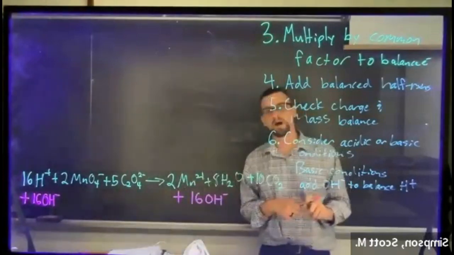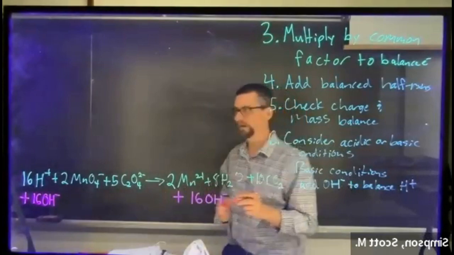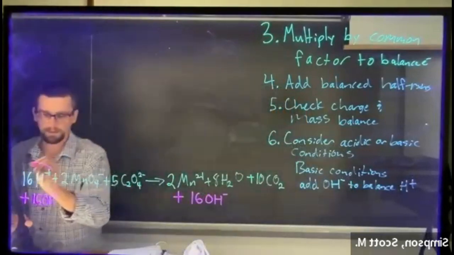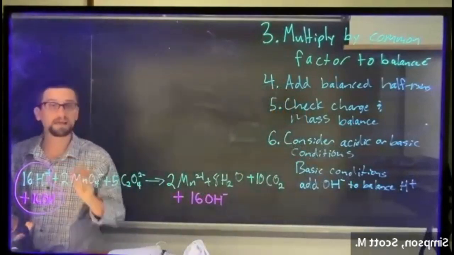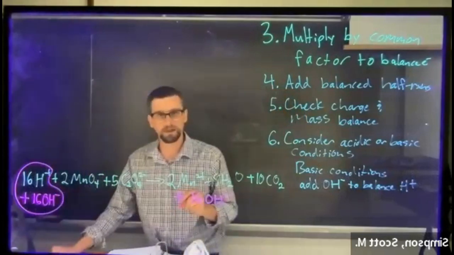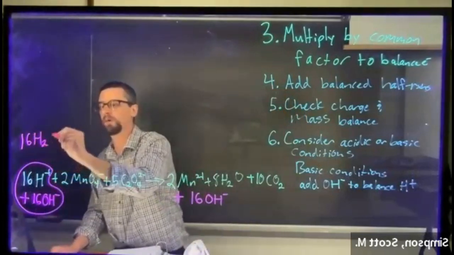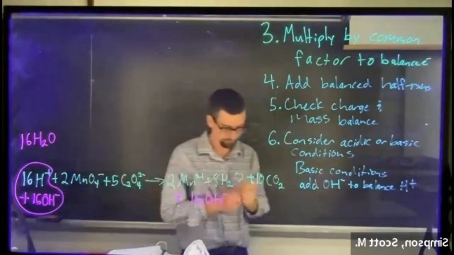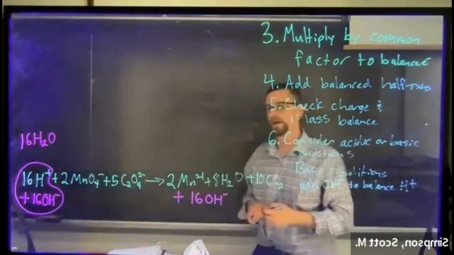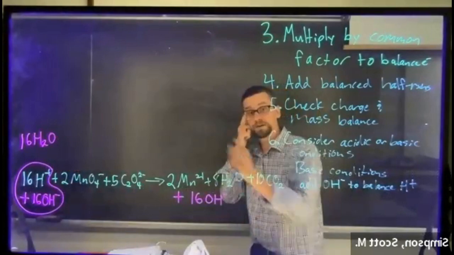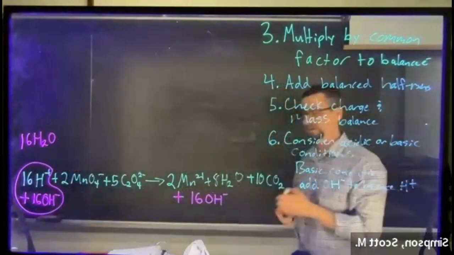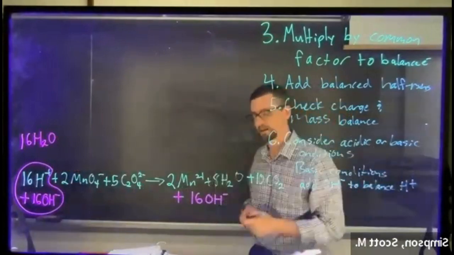Okay, now what is going to happen here? The hydroxide and the H plus are going to meet up and they're going to form waters. So now we have 16 waters. Okay, looking at that, if it appears on both the left and the right, we have to cancel it out, or we can cancel it out.